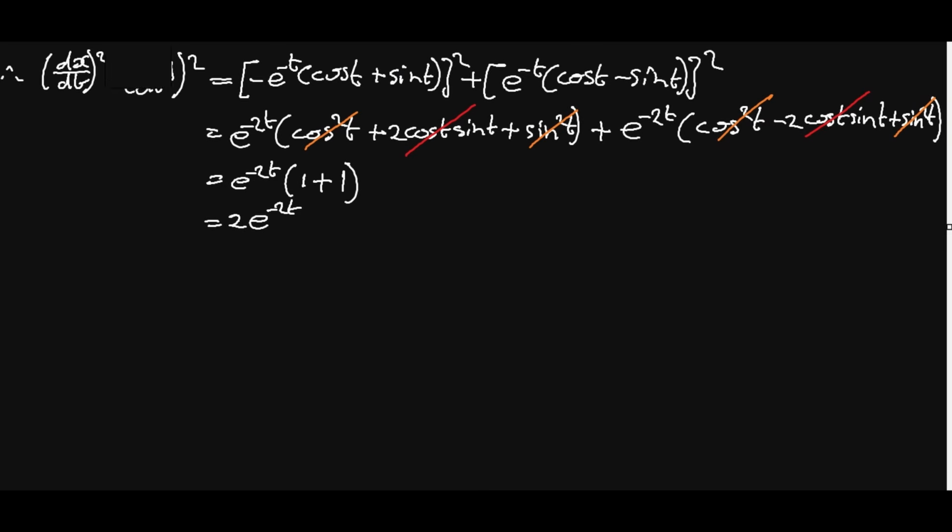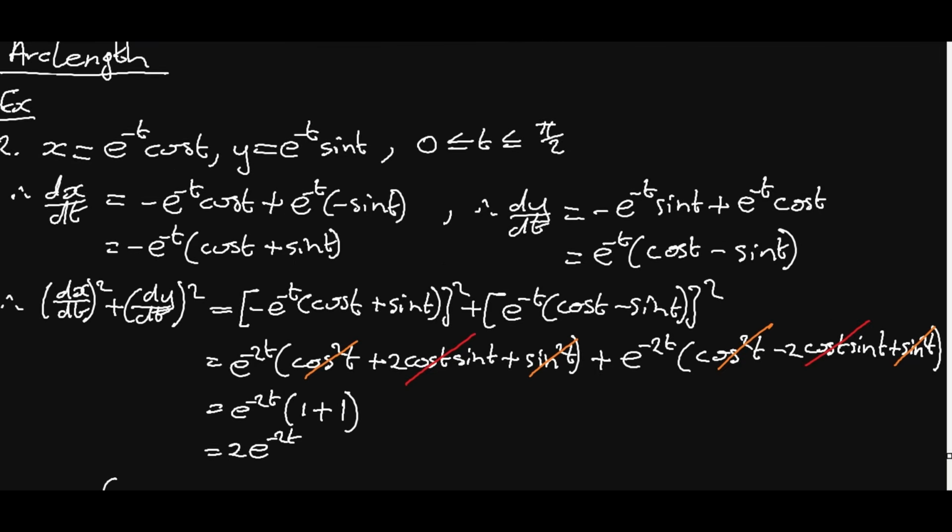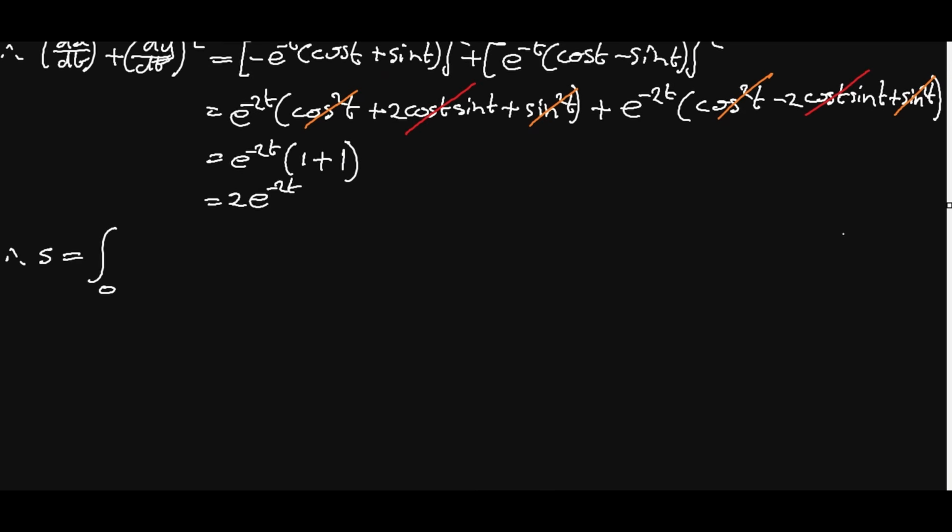So we continue. Now we bring back the formula, from 0 up to where? To pi over 2. So it is the square root. Maybe I can even make it small now.